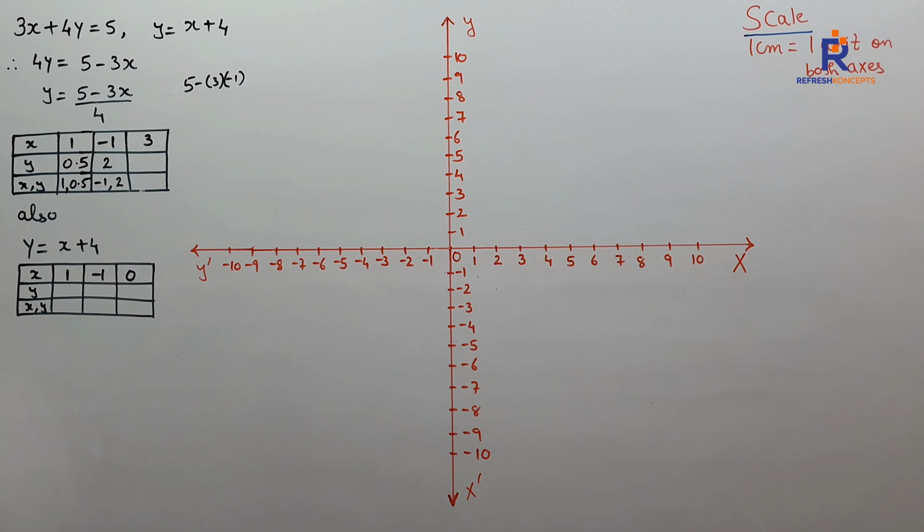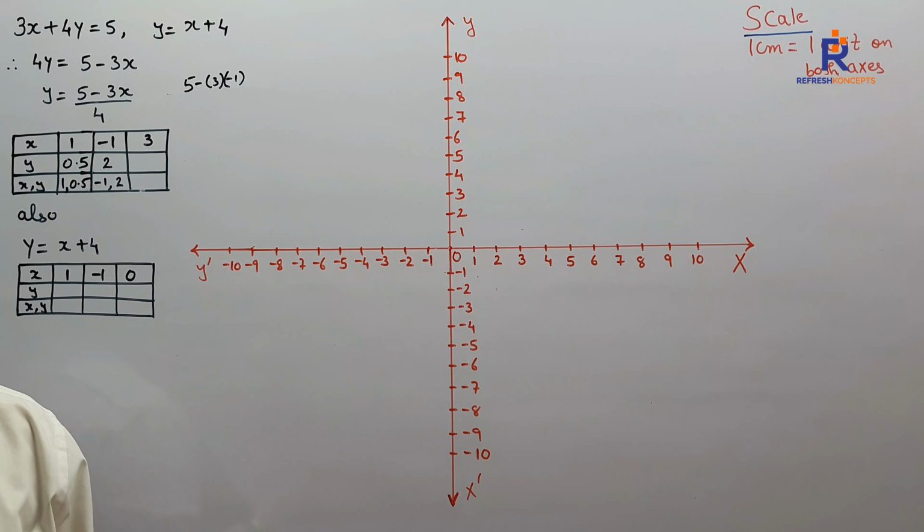Had I taken here 0, our magical number, 3 into 0 is 0. What answer would I have got? 5 by 4. 5 by 4 is 1.25. Is it feasible to plot 1.25 on the line graph? No, children, it is not feasible. So now comes trial and error.